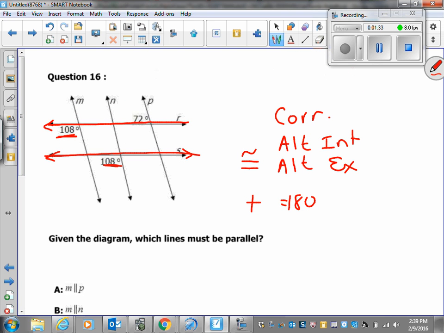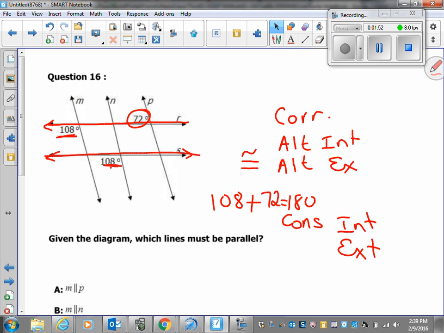For the next one I have a 108 and I have a 72. When I put 108 plus 72, it gives me 180, but the two angles should be consecutive interior or exterior, so I have to find out which one is that angle. For it to be consecutive interior, I have 108, so I know this is going to be 108, right?